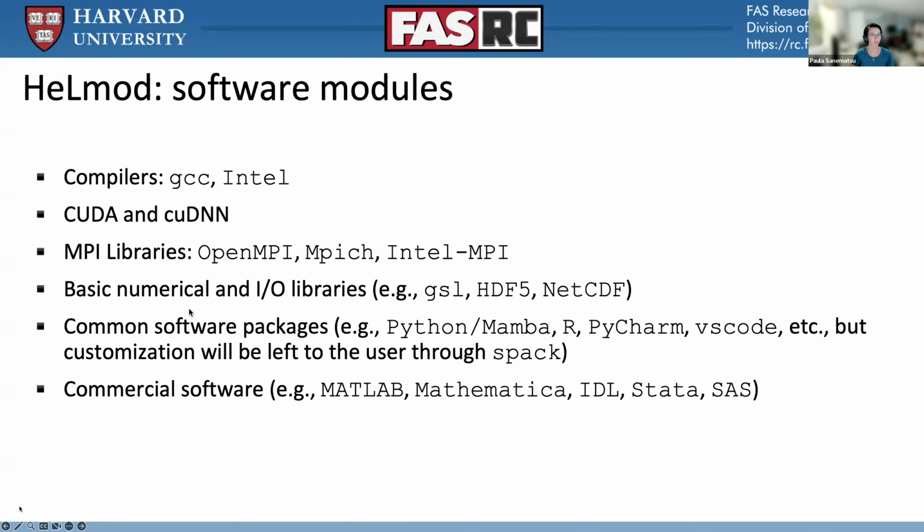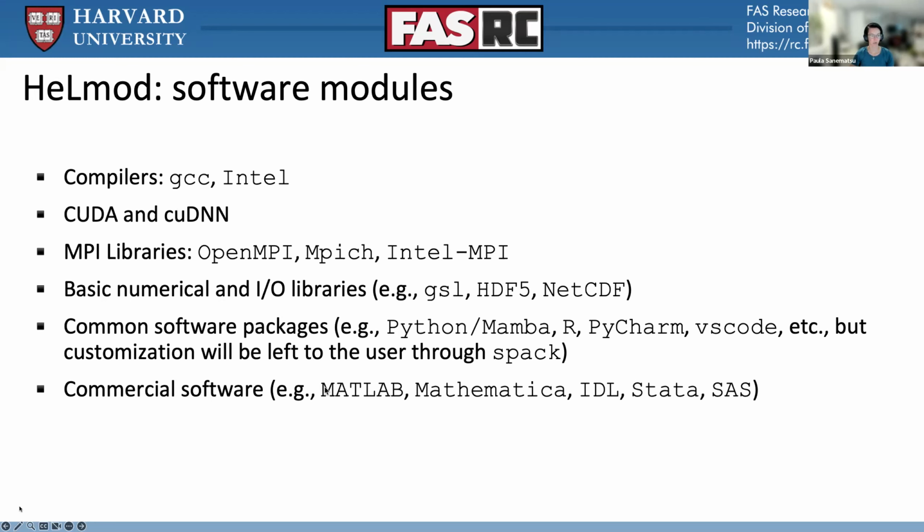For software modules, that's when you do module load, we have basic compilers, GCC, Intel, we have CUDA, we have some MPI libraries: OpenMPI, MPICH, Intel MPI. We have basic numerical and input-output libraries: GSL, HDF5, NetCDF.